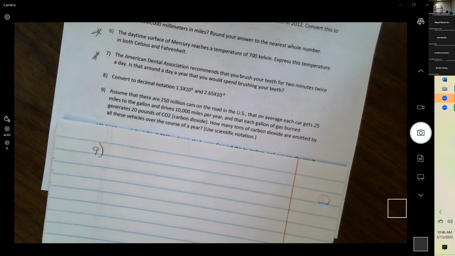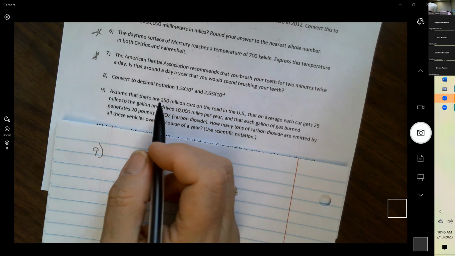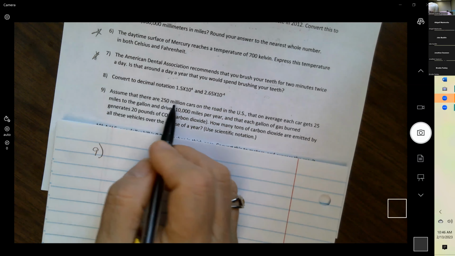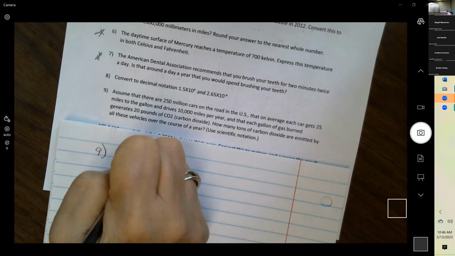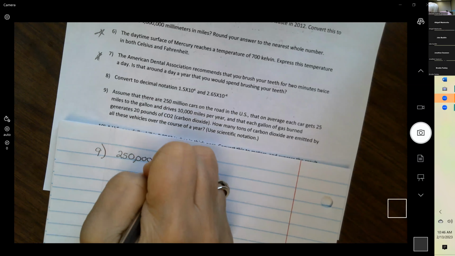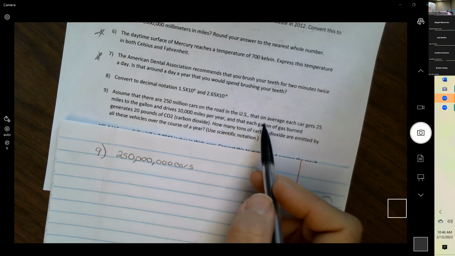Number 9. Assume that there are 250 million cars on the road in the United States.